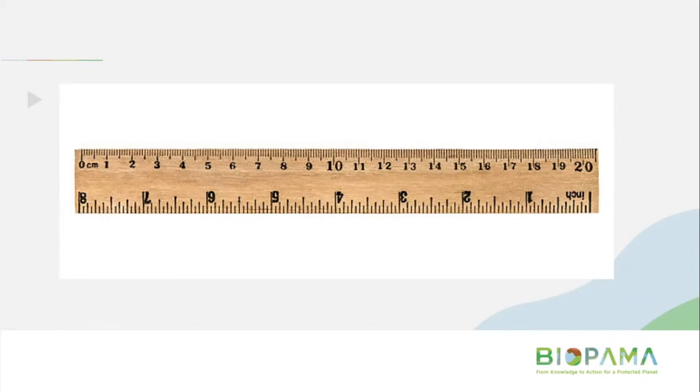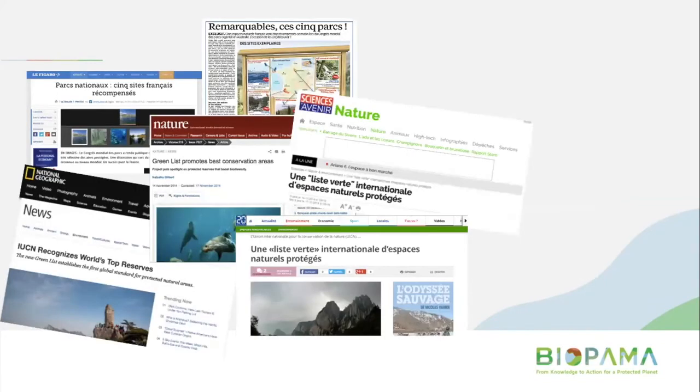But the idea with the green list is that it is the reference worldwide on how a protected area could be called well managed. And the green list has become, I say, the flavor of the month, but it's more than the month, because it started implementation in 2014 with the pilot implementation.